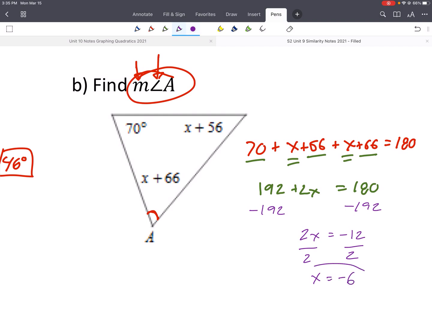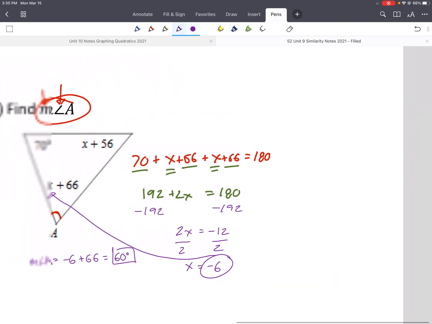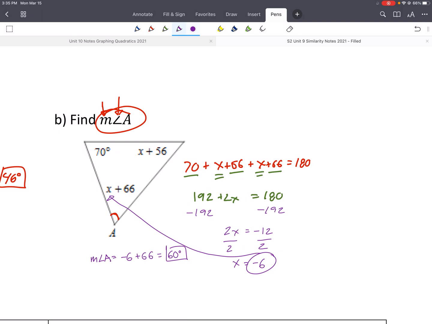So again, that's not what we're solving for. We'll need to substitute that in for x to give us our angle. So the measure of angle A is equal to -6 plus 66, which is 60 degrees. All right. One other thing I didn't mention, and just a reminder too, is this.